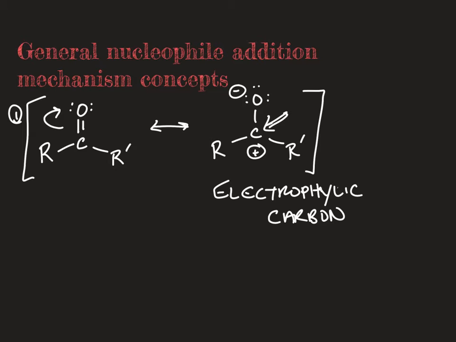So the nucleophilic addition means we're going to have some other nucleophile typically come in and attack that carbon as the electrophile. A few other things to note. Aldehydes are typically more reactive than ketones.